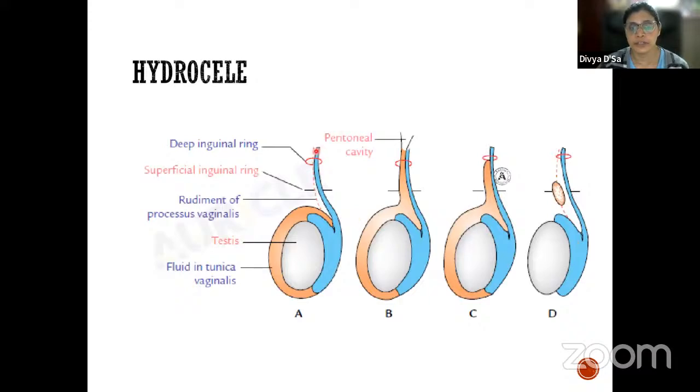Usually the processus vaginalis obliterates after the descent of the testis. But sometimes if it doesn't obliterate, what happens? This is nothing but the peritoneal covering, isn't it? So the peritoneal covering has come down, and the peritoneal cavity is making a communication through this with the testis.